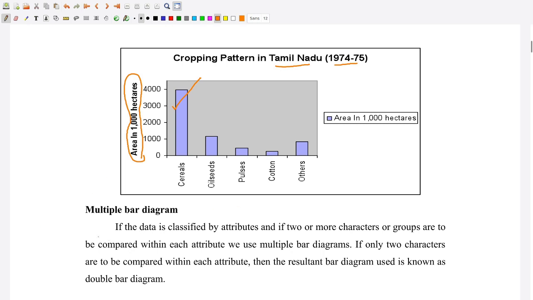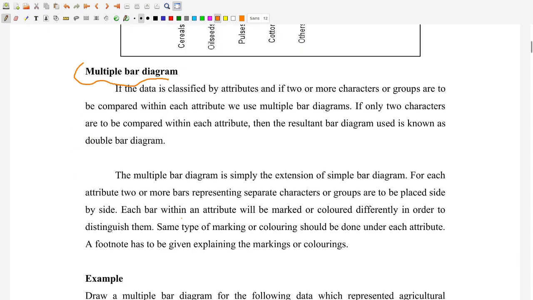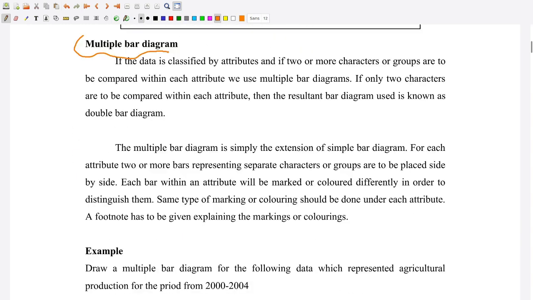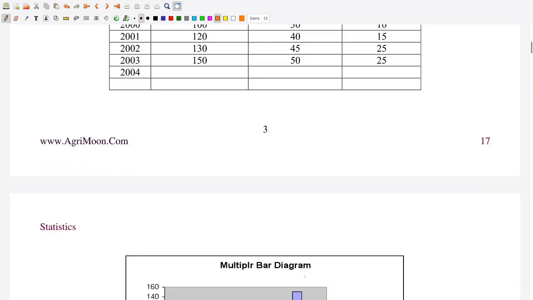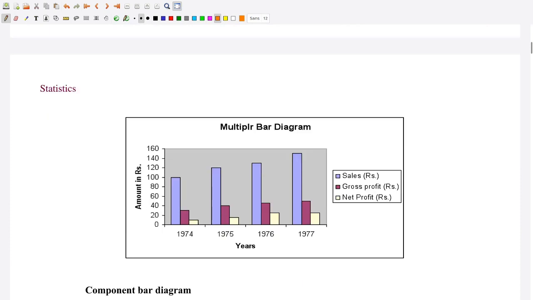Moreover, instead of a single bar graph, we can also have multiple bar graphs. How do we draw multiple bar diagrams on a single one? For example, you have three characteristics: food grains in tons, vegetables in tons and others in tons, in the period from 2000 to 2004. How can we draw this in the graph? What we have done is listed this according to years.